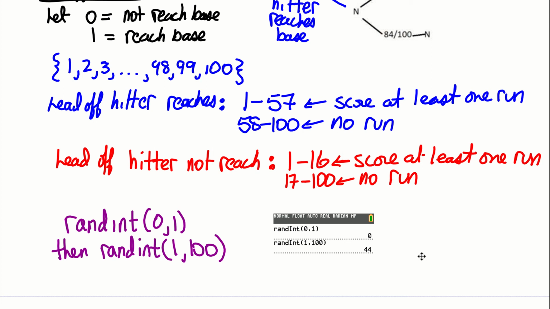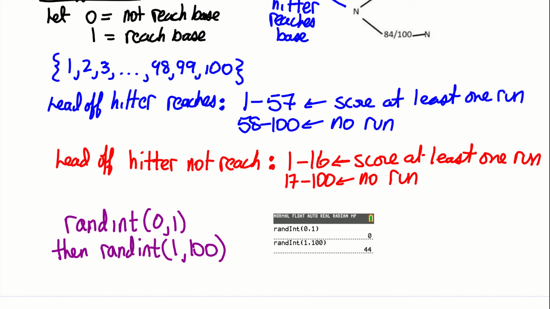So, if I simulate 9 innings and it turned out that a team scored at least one run in each inning, that means they could have scored 9 runs at a minimum, or they could have scored infinity runs at a maximum, right? Because maybe they scored like 100,000 runs in one inning. You know, I mean, it's never happened, but I guess it's possible. All right, they don't have a mercy rule in professional baseball.